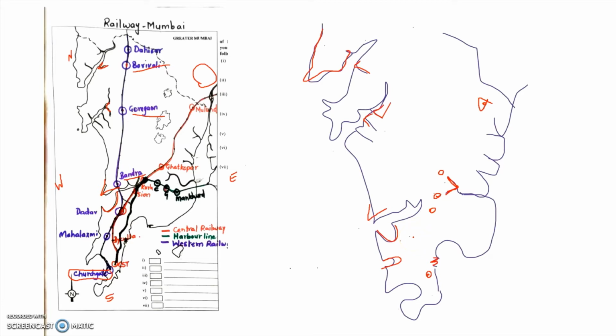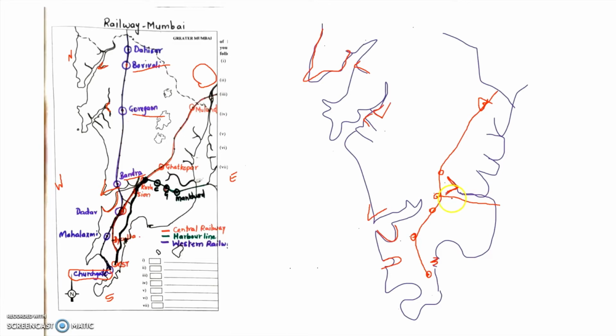You know where Dadar is because the Western Line station you have already drawn. See, if you connect these dots, you will get your Central Railway line. There is not much in the Harbour Railway line. It is connected to Kurla, right? So your Harbour Railway line will go from here to here.